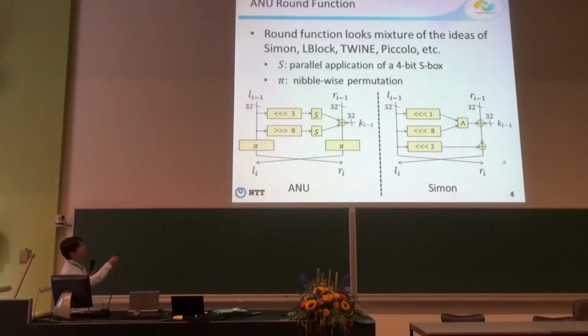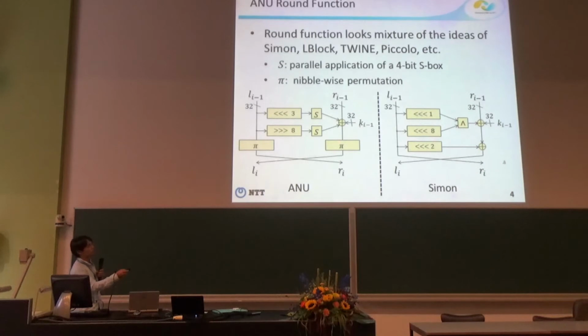The state is separated into the left 32 bits and the right 32 bits. They create two rotated copies of the left half and apply the S-box layer, which is 8 parallel applications of a 4-bit S-box. And they XOR both of them to the right-hand side.